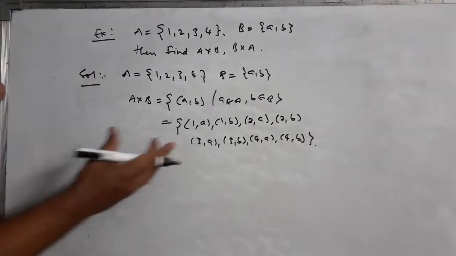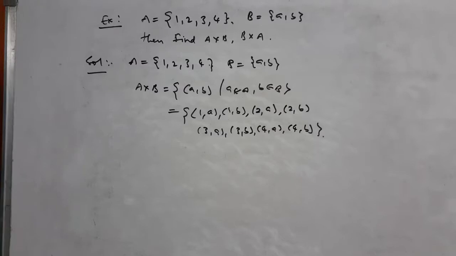So this completes all the possible ordered pairs using the sets A and B.